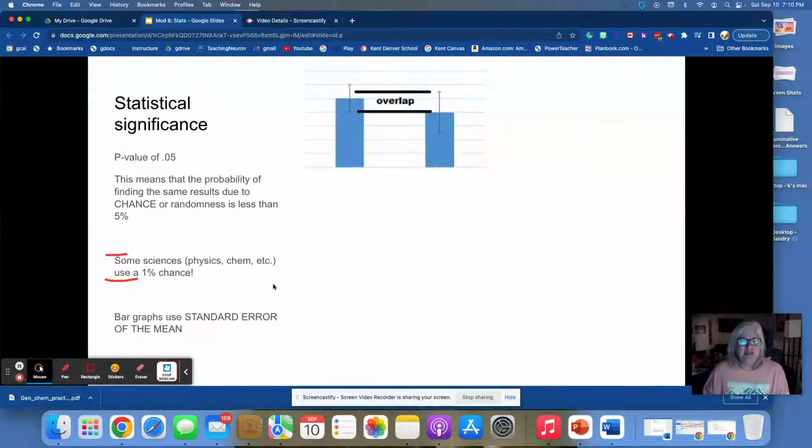So how do we know that what we're seeing is significant? We're going to use something called standard error of the mean. So remember that I took a sample of a population. This sample here, this bar indicates the average. Same thing with this one. Notice the bars on the top of each one.